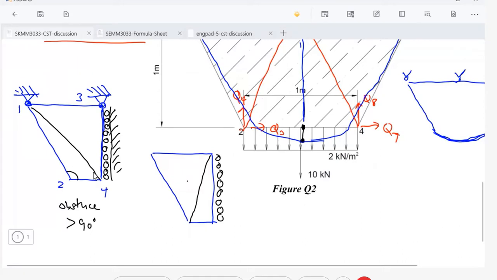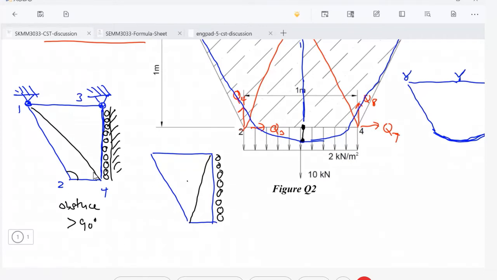In certain finite element software, because of the formulation, when you have an obtuse angle in your element, the result will not be as accurate as you want. So avoid anything that is more than 90 degrees.